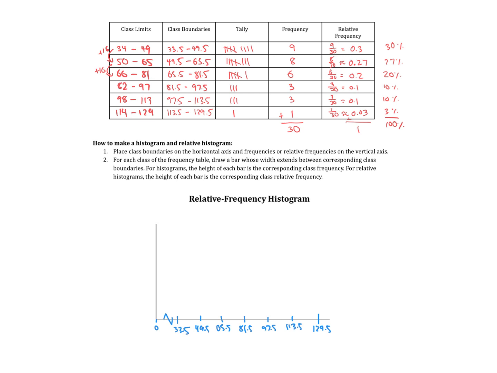And then on the y-axis, this time I'm going to put relative frequencies. So if we look at the relative frequency column of our table, the highest relative frequency was 0.3. So I'm going to make my top mark 0.3. And then I want to pick a nice even scale.